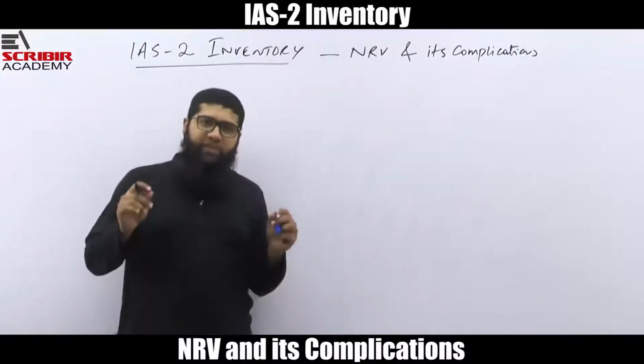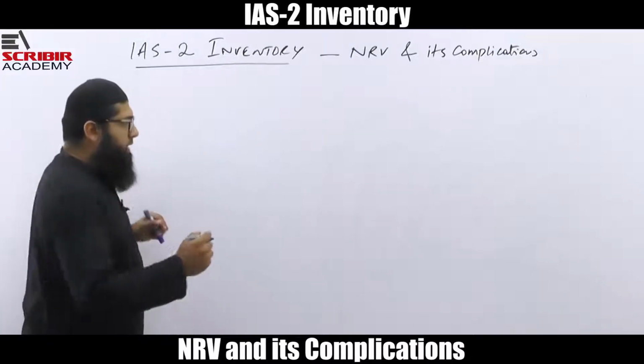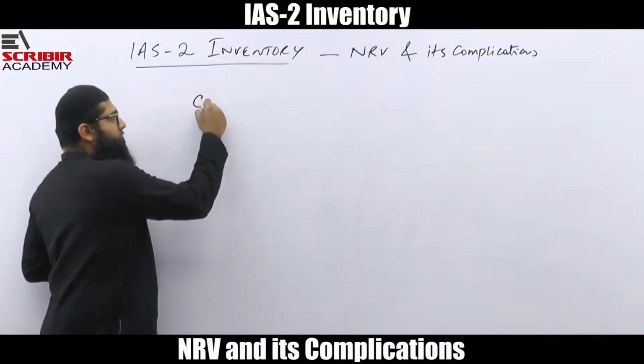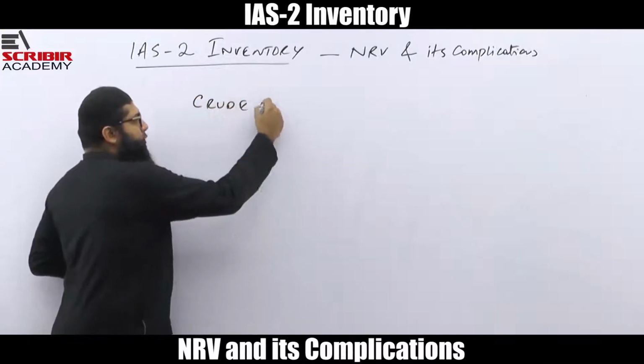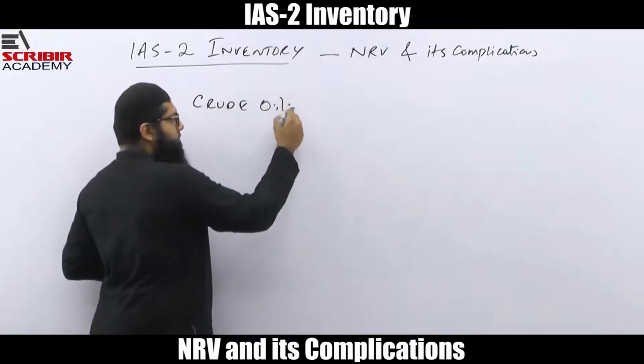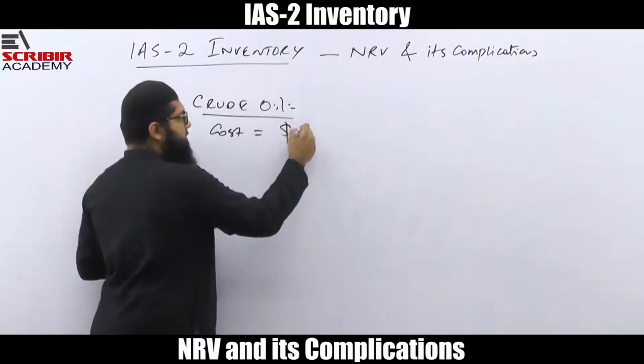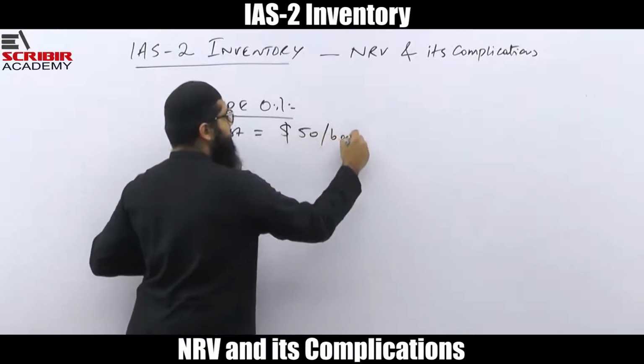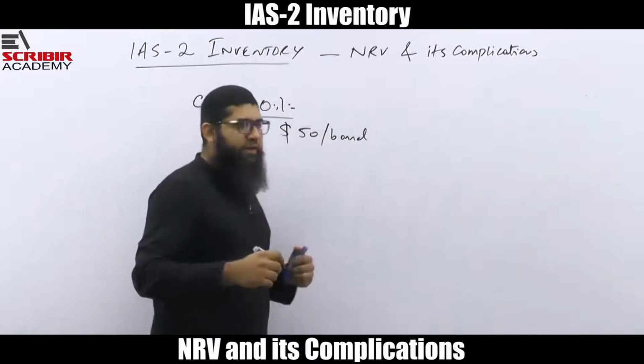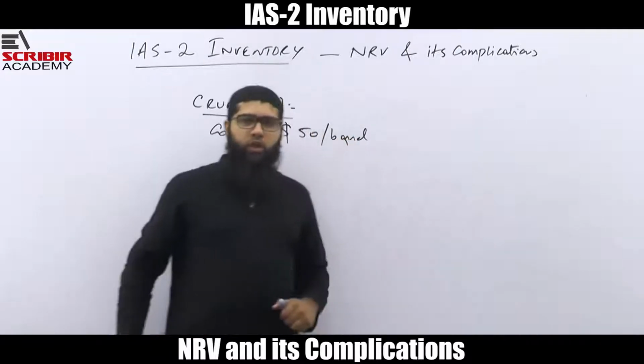The first concept that I'll discuss is, for example, assume that the cost of the crude oil inventory that you have was $50 a barrel.